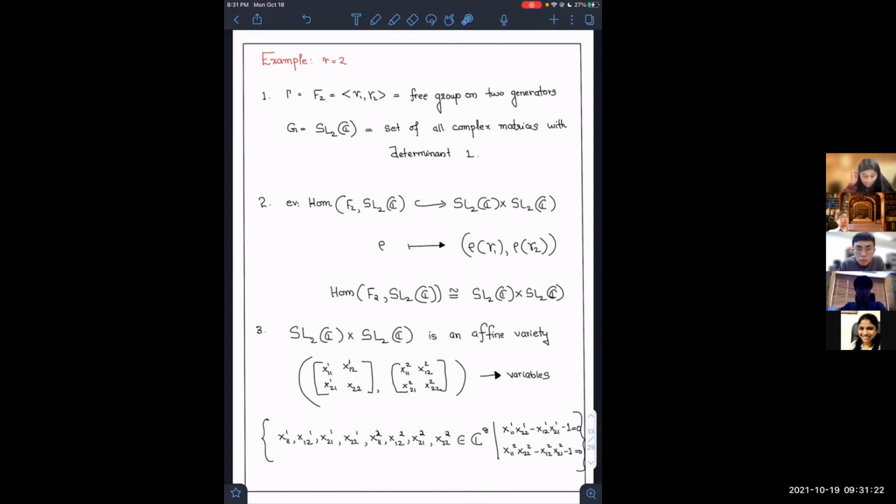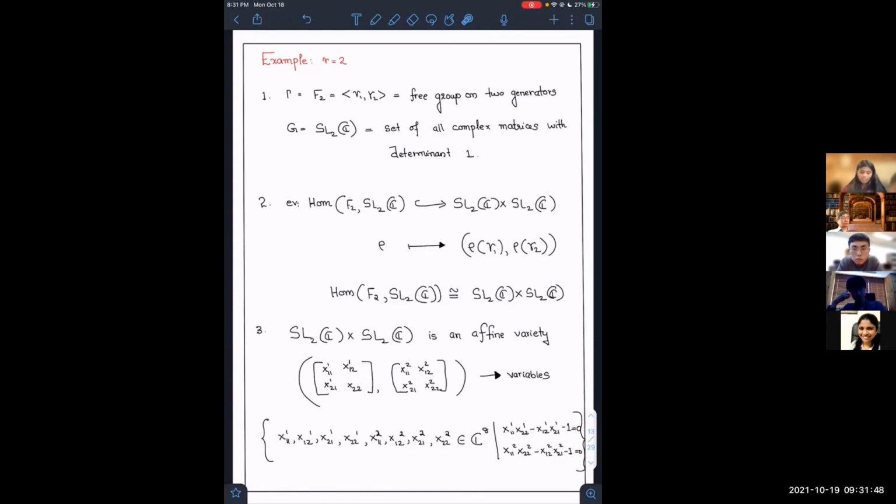Now, how can we think of this as an affine variety? SL2C is a 2 by 2 matrix, right? So think of these entries as the variables. If you take a pair of matrices, each of them has 4 entries, so there are 8 entries. How can we get all the matrices in SL2C?